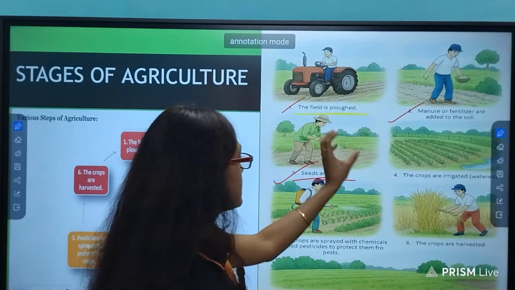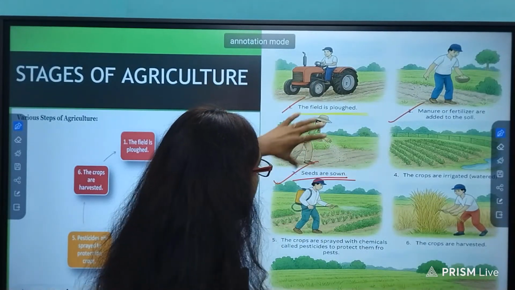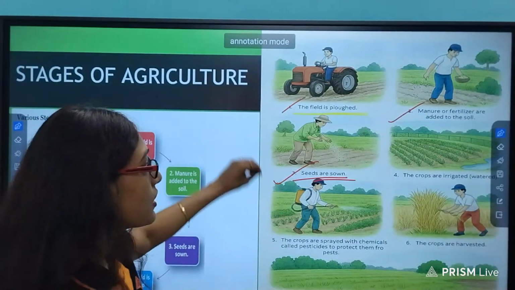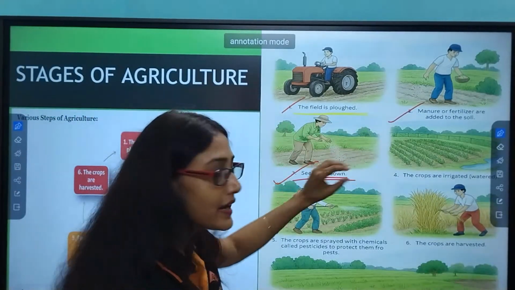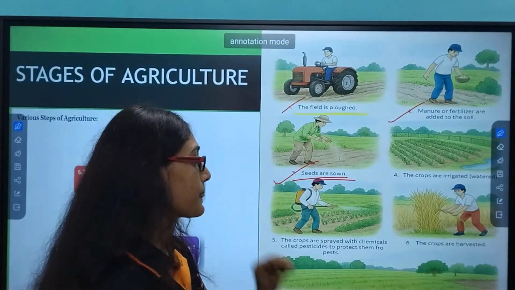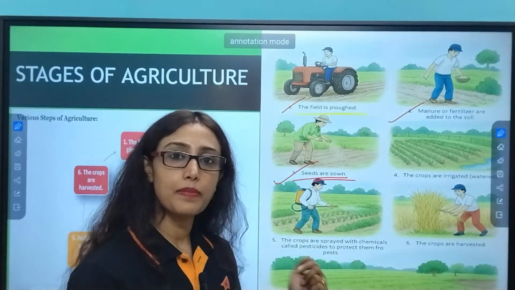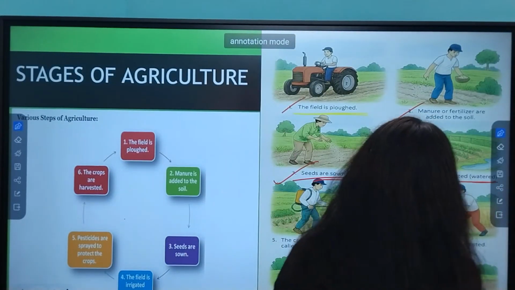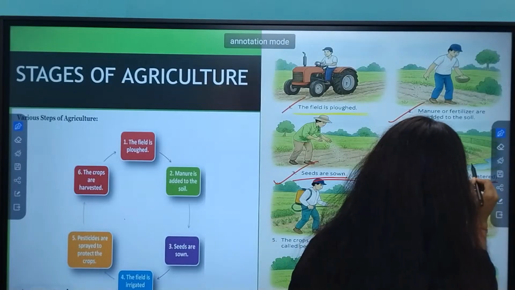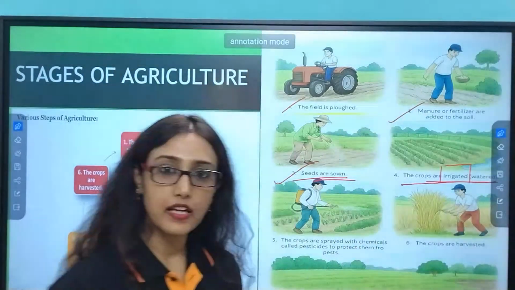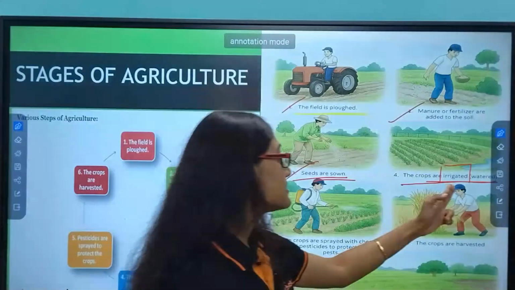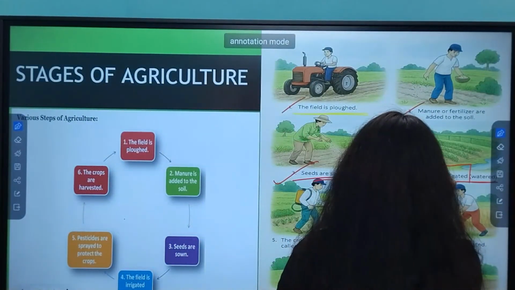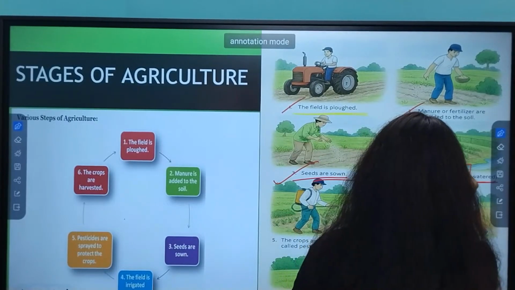Sown means the seeds are being deposited on the place where it was plowed and manures and fertilizers were added. Next, what does the plant need? The plants need water to grow. This process of watering of plants in agricultural term is known as irrigation.